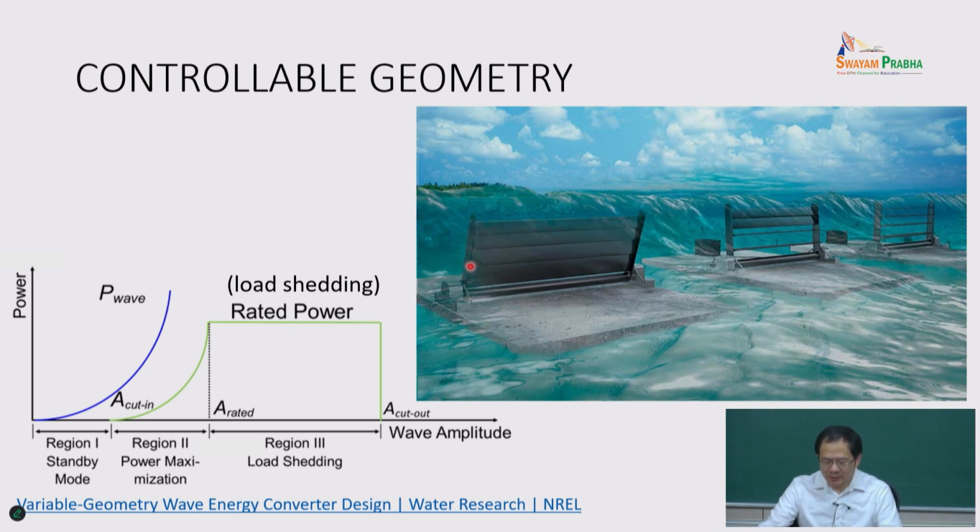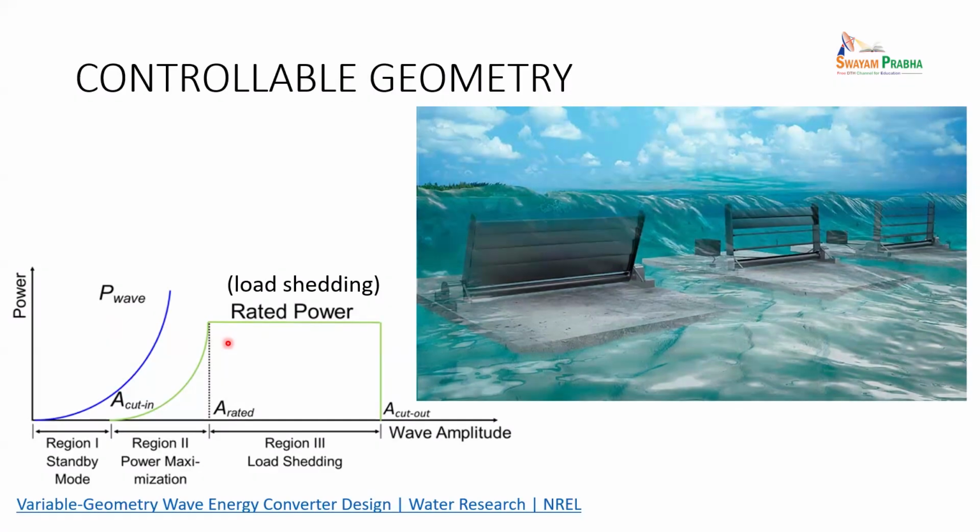That is one concept Nathan Tom at NREL proposed. You can see this oscillating wave surge device, and at a small wave, all these windows are closed. In that way, you have large excitation force. Therefore, you push this power curve to the left side. It can work well at small wave conditions.